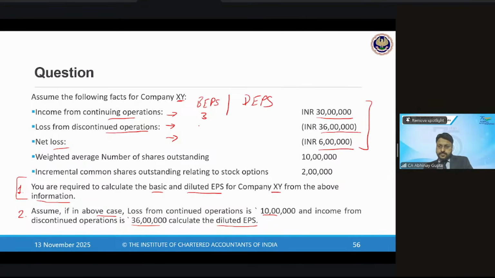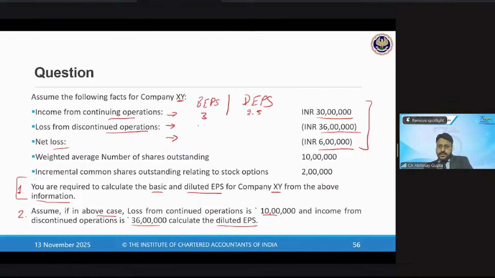So diluted will come 30 lakhs and incremental common shares outstanding due to stock options is 2 lakh. So 30 lakhs divided by 12 lakhs, 2.5. Okay, so 30 lakhs divided by 12 lakhs, 2.5 you are saying.